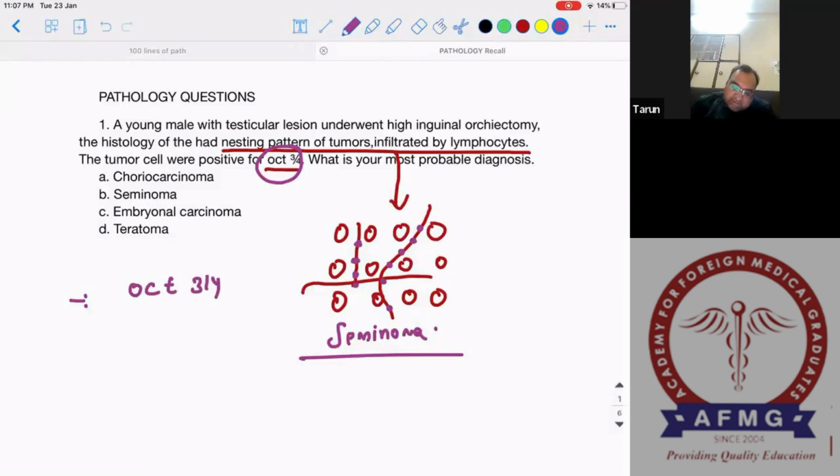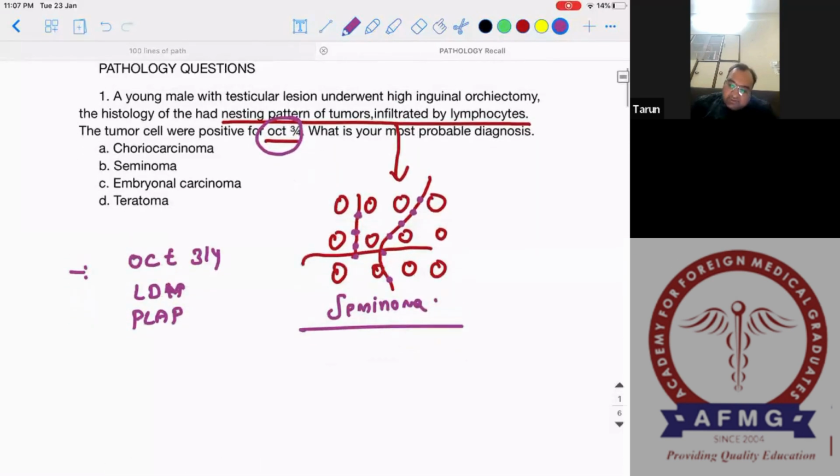Then there is LDH and PLAP, that is placental alkaline phosphatase. A very characteristic histological finding is already given to you. Even if you don't know what this marker is, you can solve this question simply by focusing on the histological finding given here.